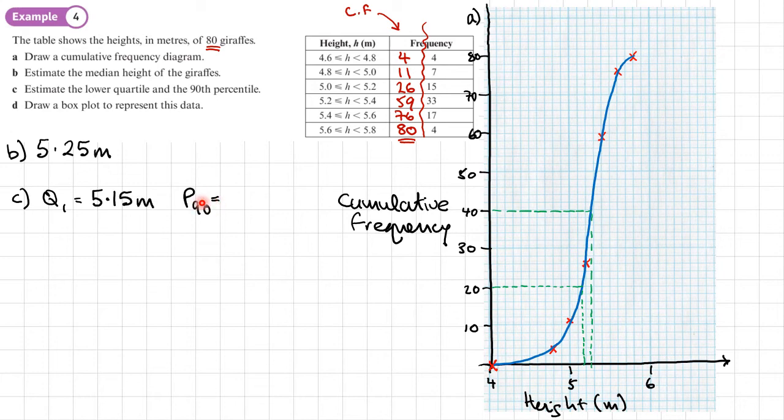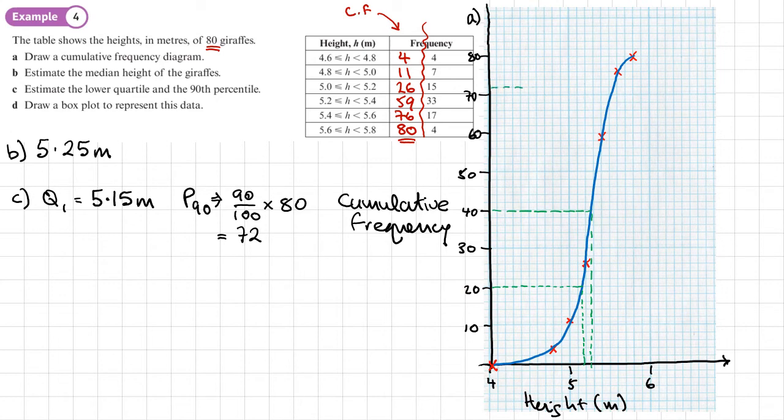Now P90, well, we need to work out the position of that. So the calculation we need to do is going to be 90 over 100 times 80. Now that's 72. So we're going to go up to 72 and read off from that value.